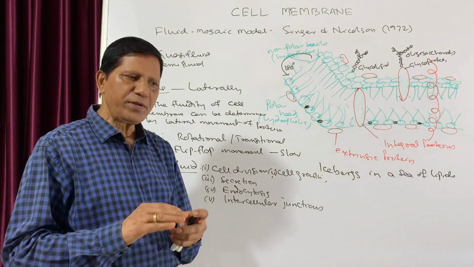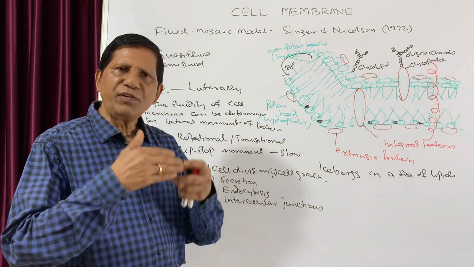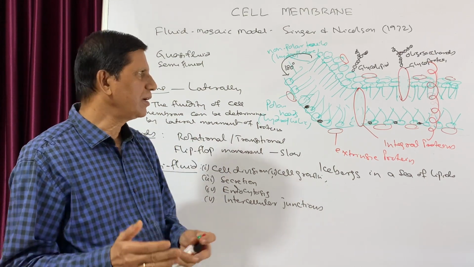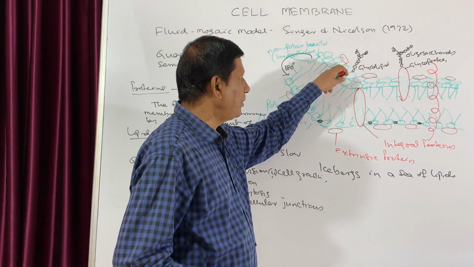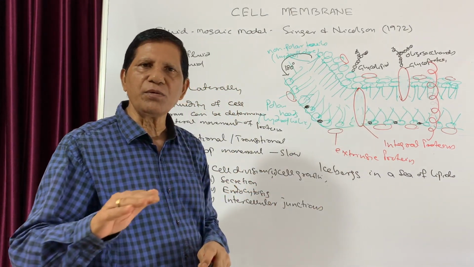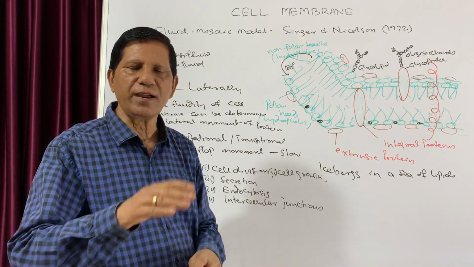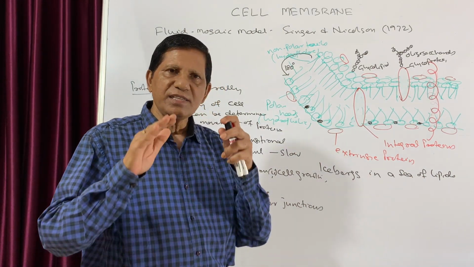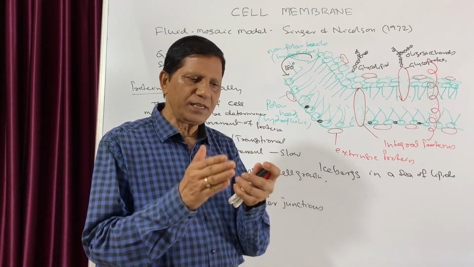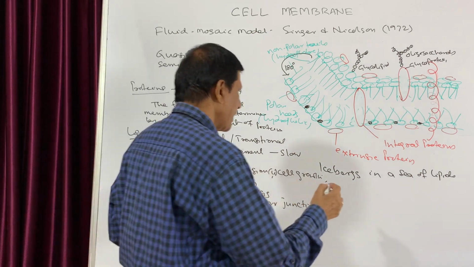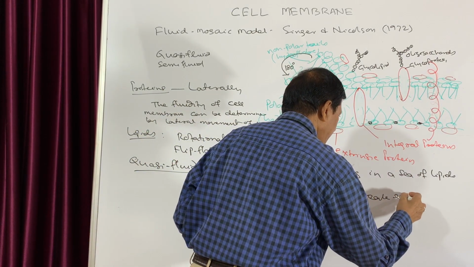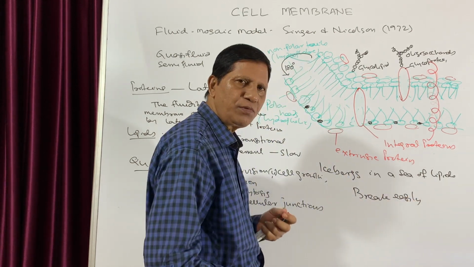Second, by means of different modern techniques, it has been found that the proteins are not continuous, they are present here and there. Besides, this model satisfies that the cell membrane can break easily. It can break easily because it is quasi-fluid.